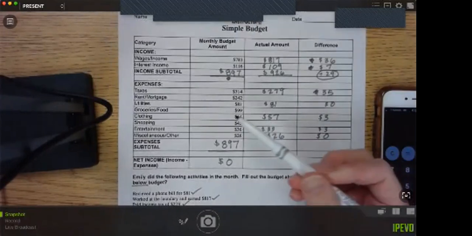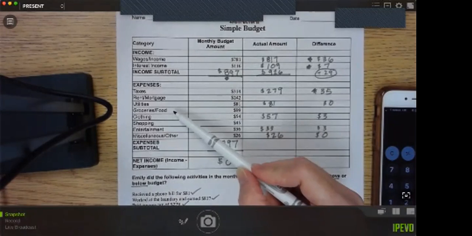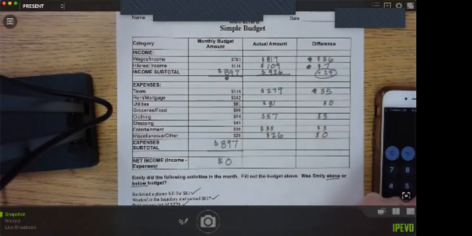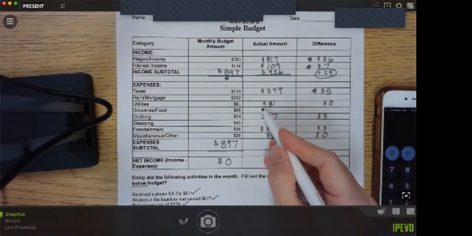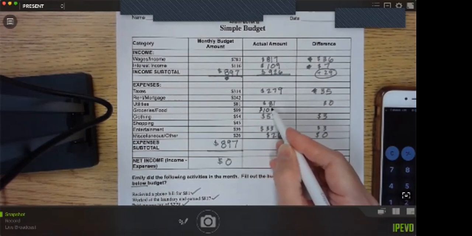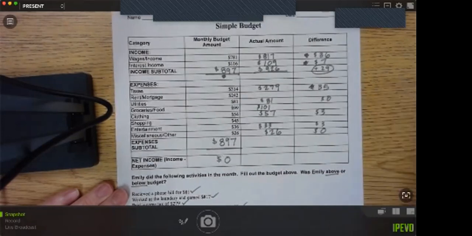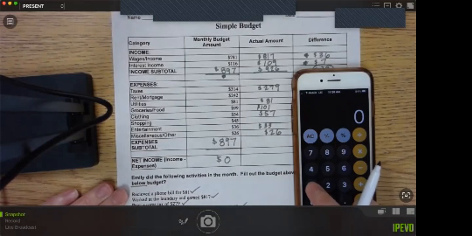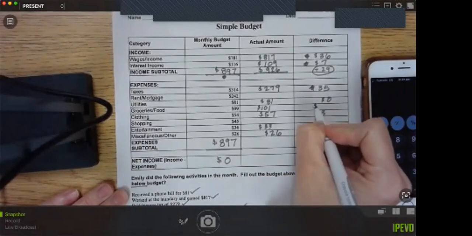So would that be rent, mortgage, groceries and food, or shopping? It would be groceries and food. So she spent $101, her entire monthly budget on going out to eat. So she spent 101, that was the actual amount, and she budgeted 99. So she is over budget by $2.